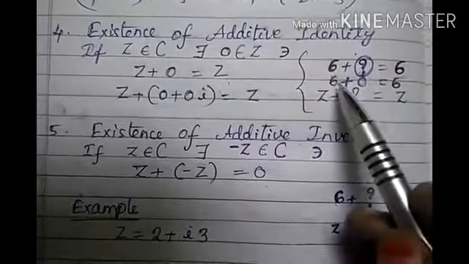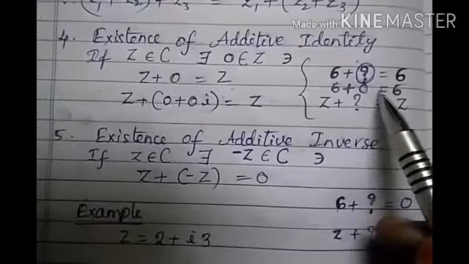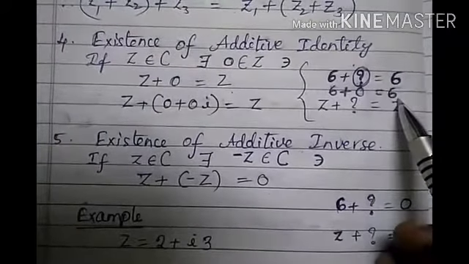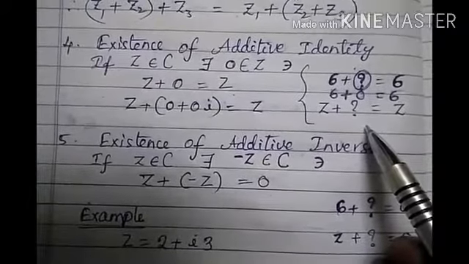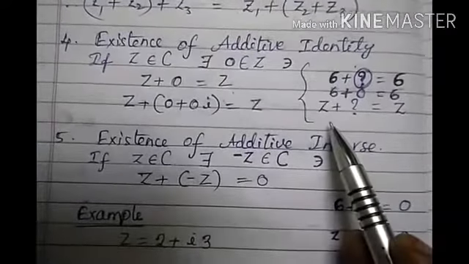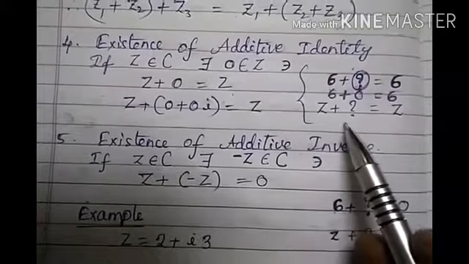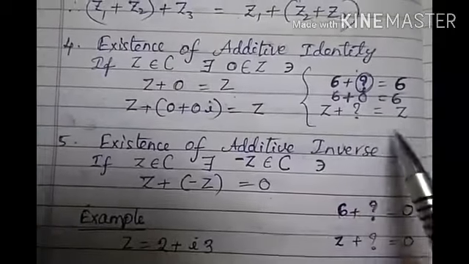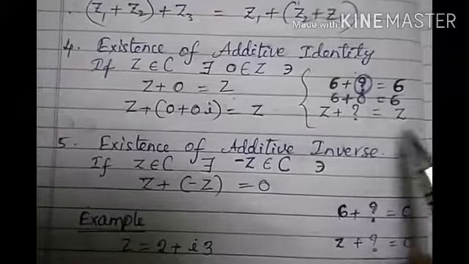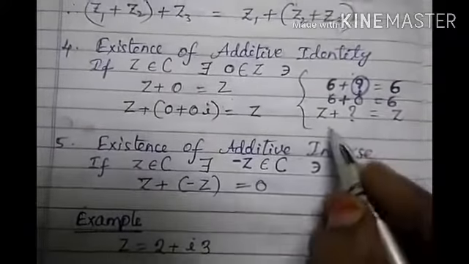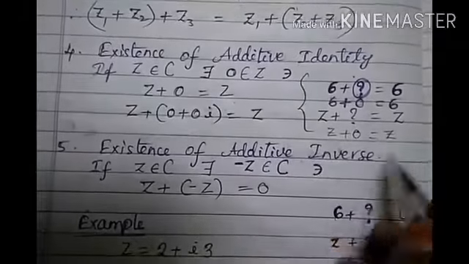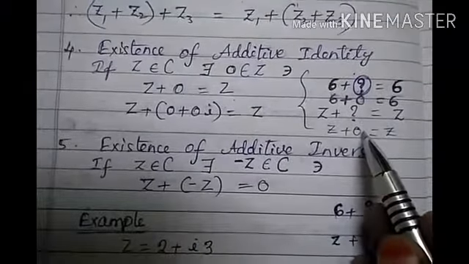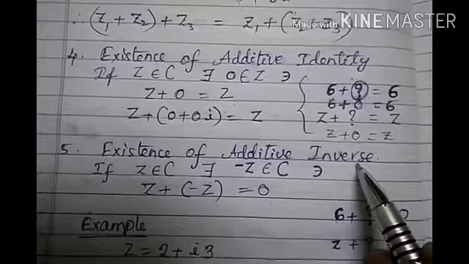That means 6 added to 0 gives again 6. This 0 is called an additive identity. For some number z, if you add 0, that gives again z. That means if you take z plus 0, it gives the same number. Here 0 is called additive identity.